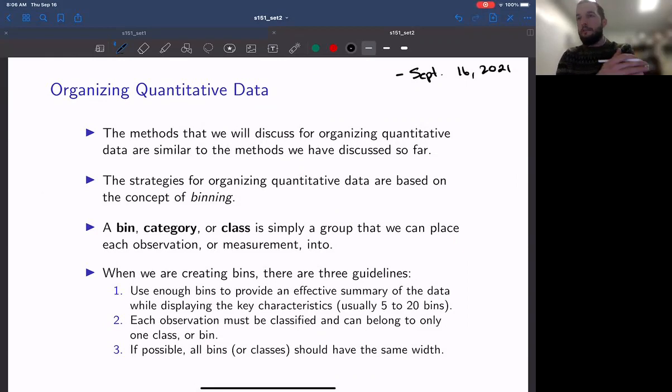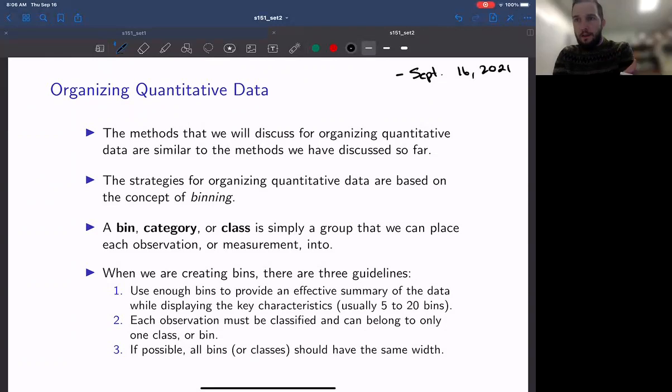That is, for quantitative data, we would still be interested in constructing a frequency and a relative frequency distribution. The difference is the way in which we compute the frequency and relative frequency distribution depends on the grouping method that we utilize to organize that data into different classes.